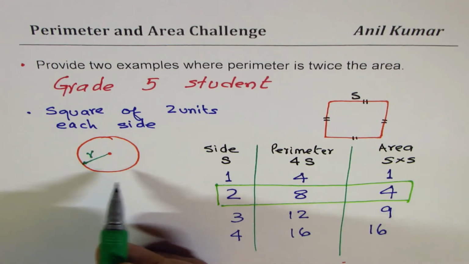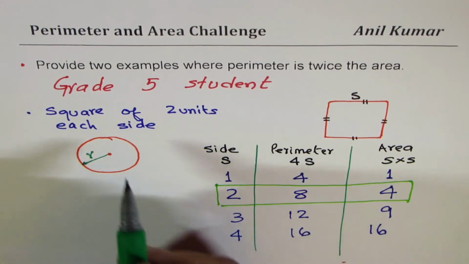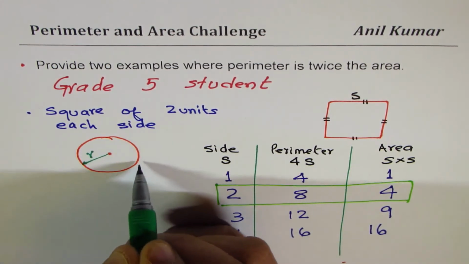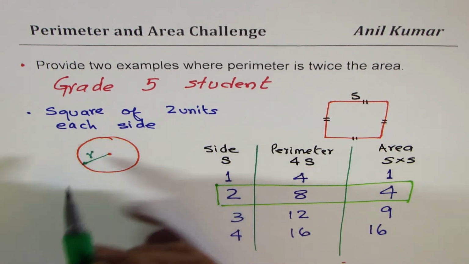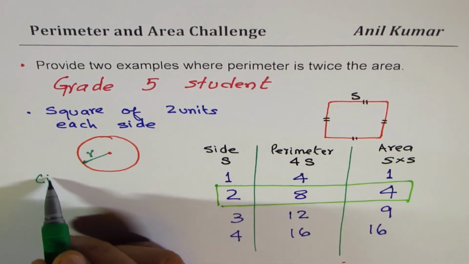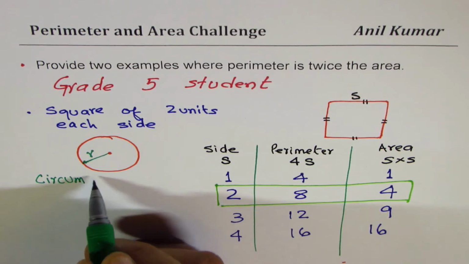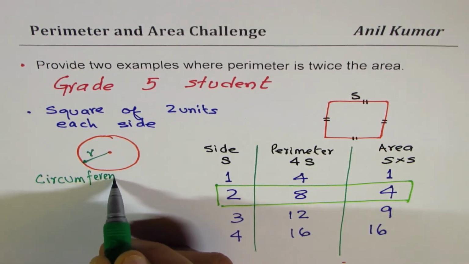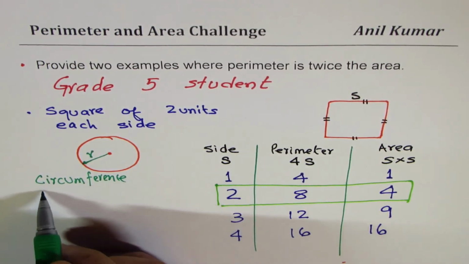In that case, for a circle, perimeter is all along the surface of the edge, which we call circumference, right? So circumference is the perimeter.